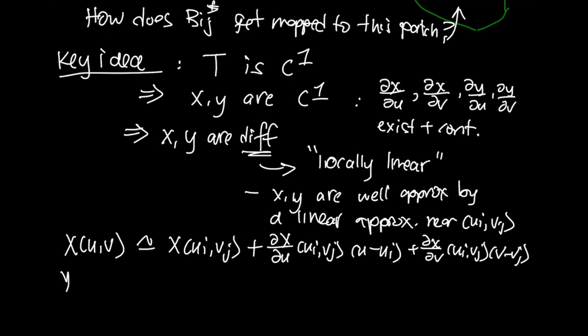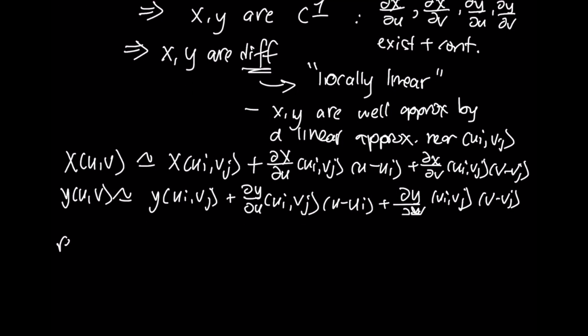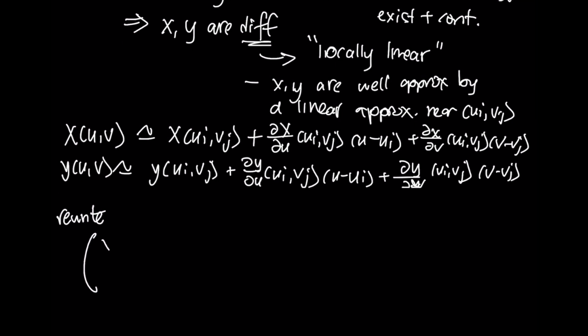And similarly, the function y is also well approximated by this linear approximation. And again, all of these functions and all of these derivatives are evaluated at some point that we'll just call ui and vj. We could rewrite it as column vectors. We'll group together these terms.